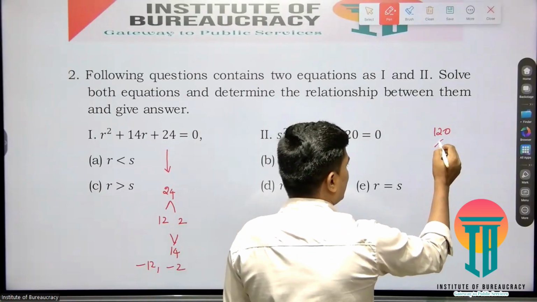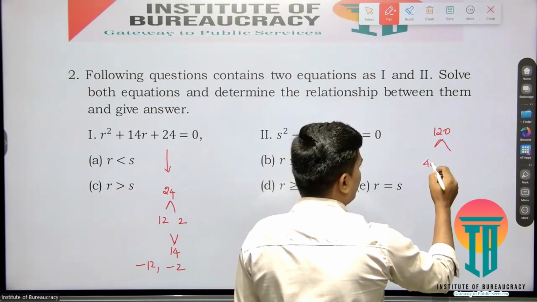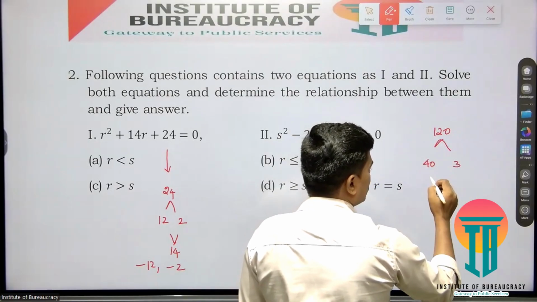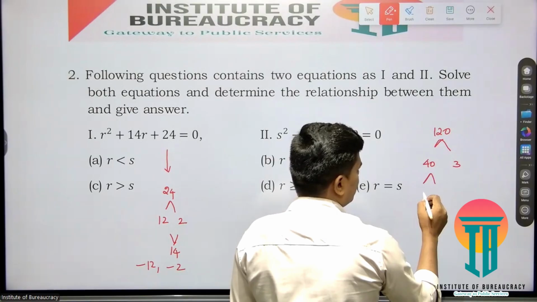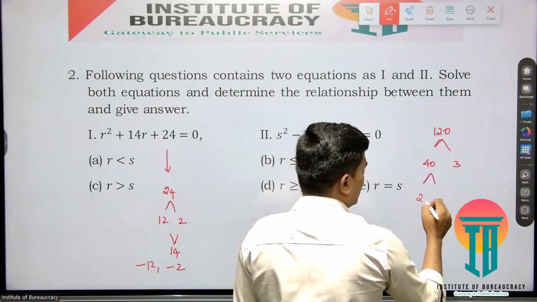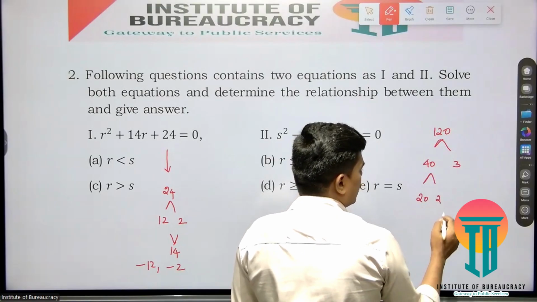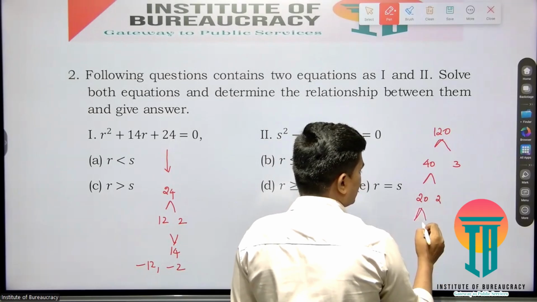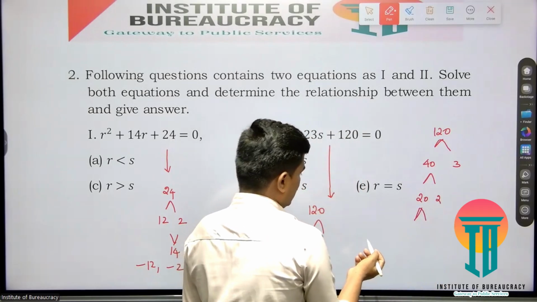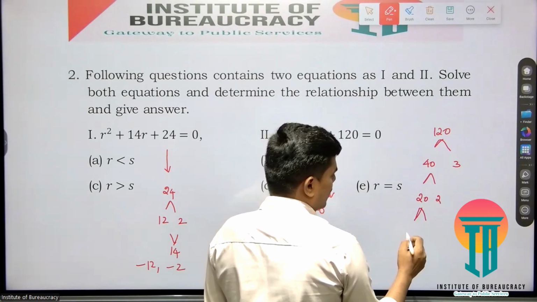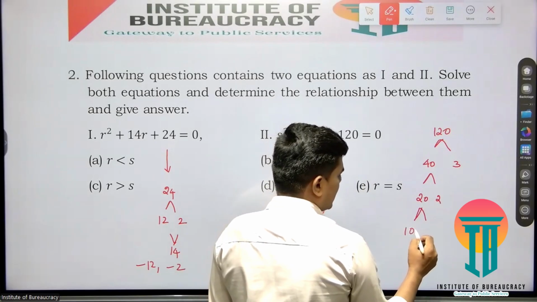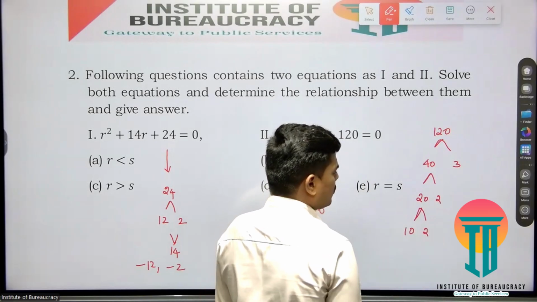You can write this as 40 into 3, 20 into 2, 10 into 2.